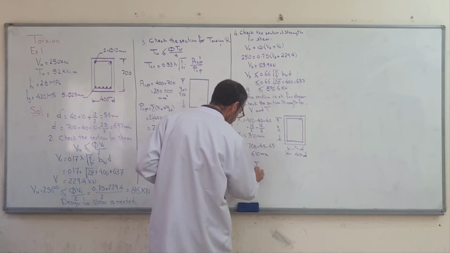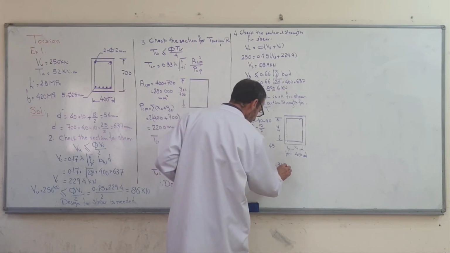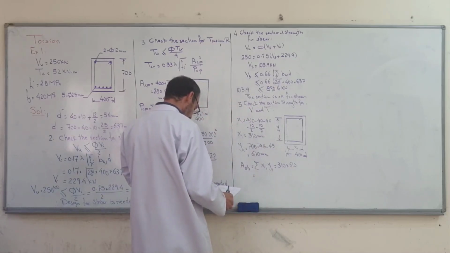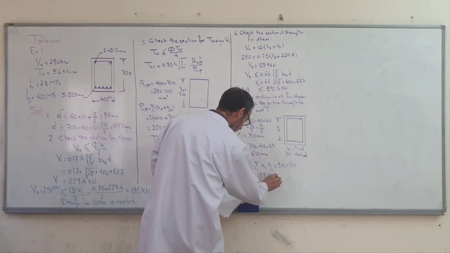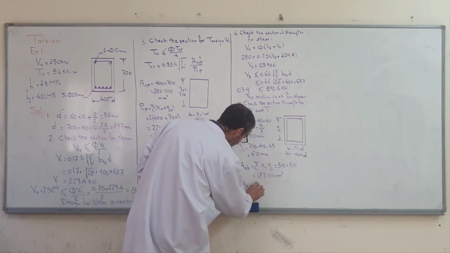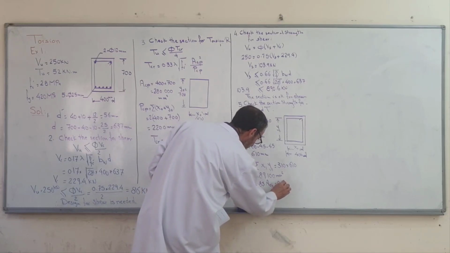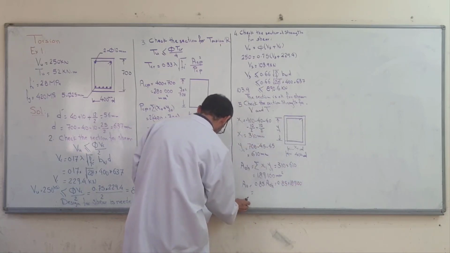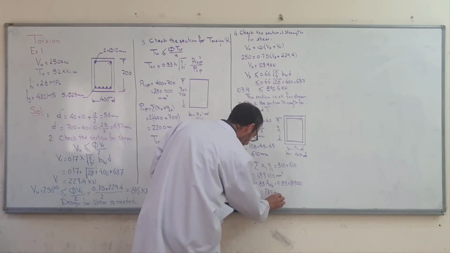Aoh is equal to x1 times y1, in square millimeters. According to the code, A0 equals 0.85 Aoh, which is equal to 160,000 square millimeters.